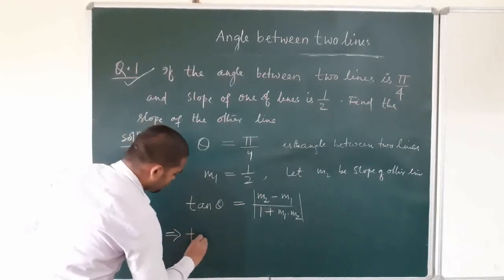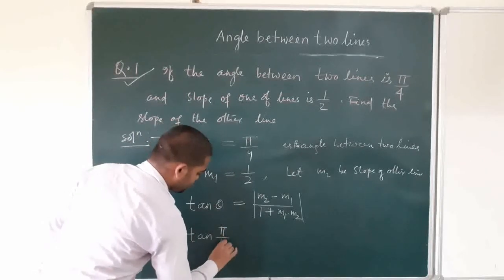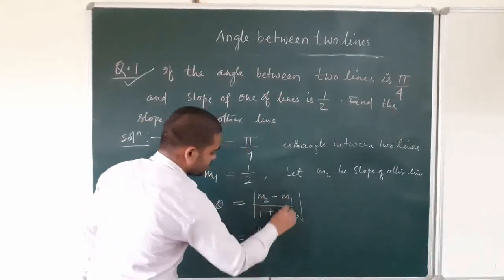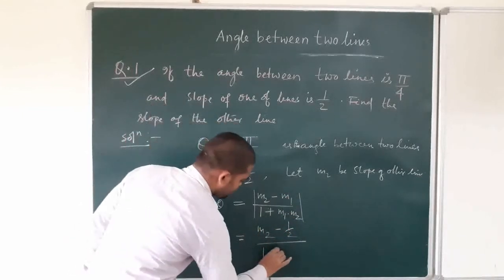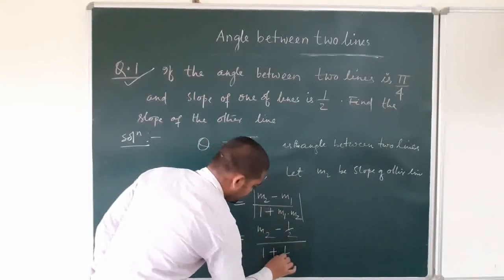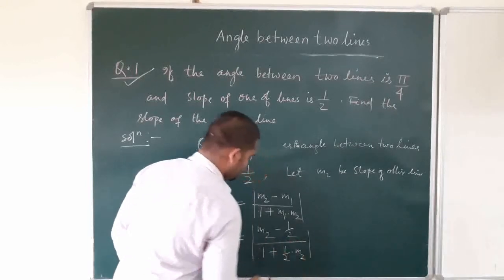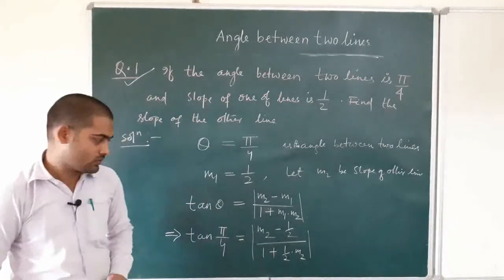Now you put the value theta here, pi by 4. M2 we have to find out, and M1 is 1 by 2 given, and 1 plus 1 by 2 into M2. This means we have positive value.